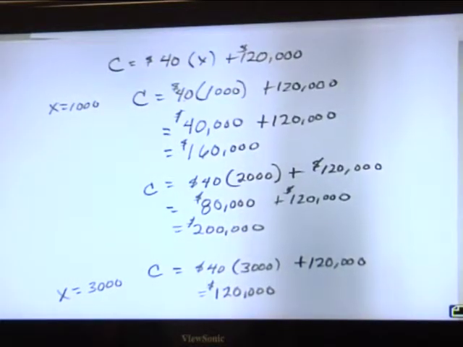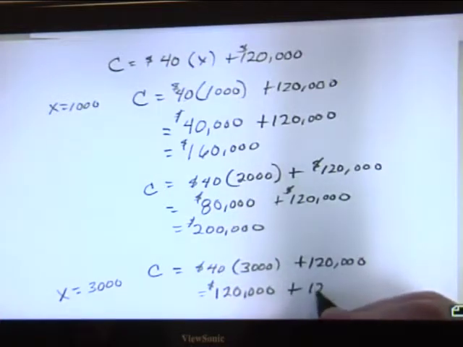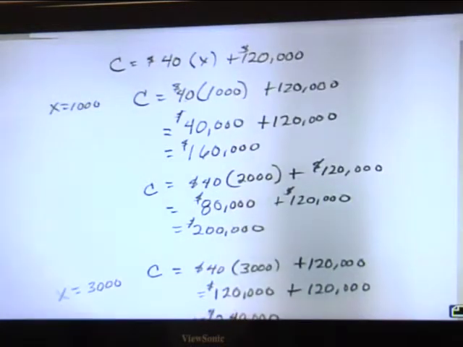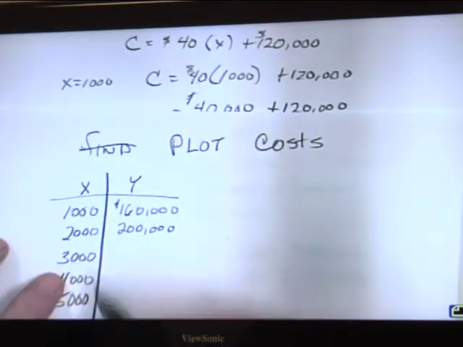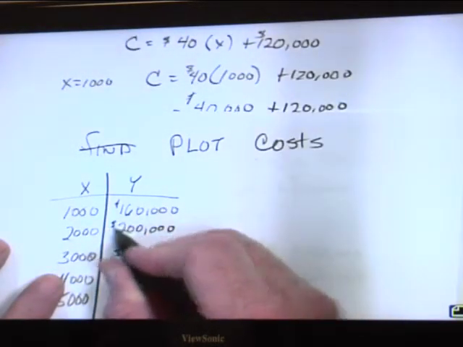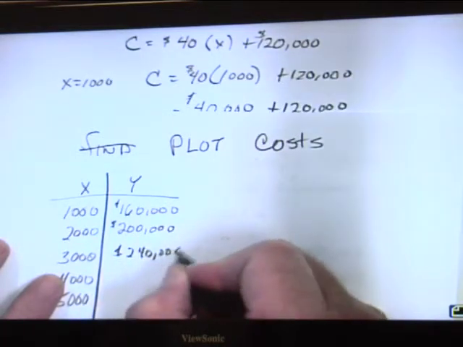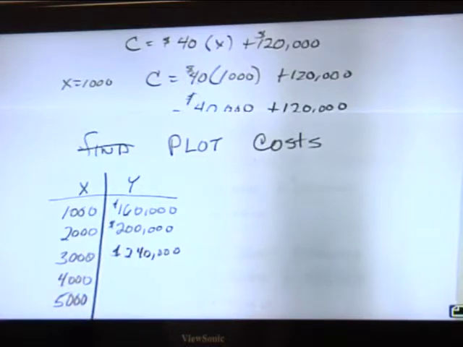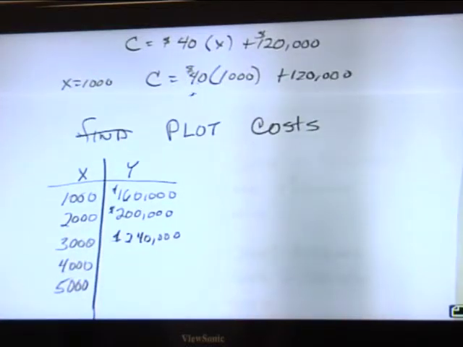If you can't, use your calculator. Plus $120,000 is $240,000. So we'll put that in the table. X is 3,000, Y was $240,000.